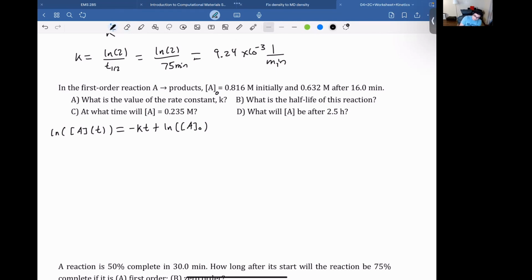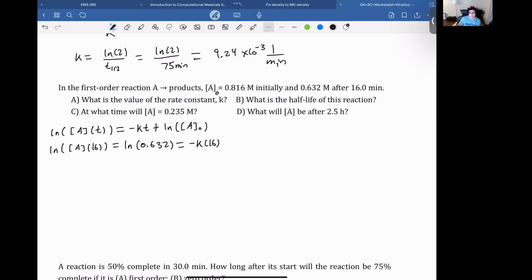Now, what we can do is plug in all of our values. It says after 16 minutes, so you can think of this as the concentration after 16 minutes. That's ln of 0.632, and we know that this is equal to -K times 16.